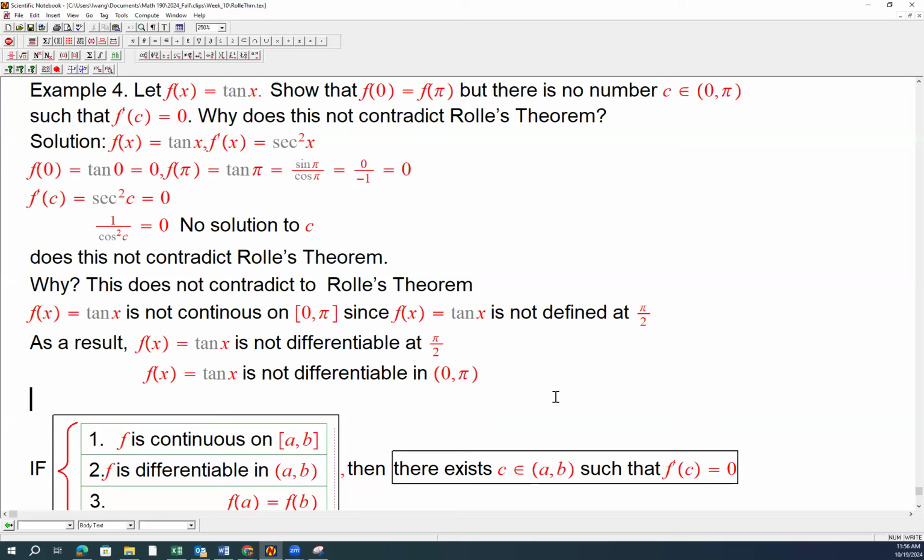So if not all the conditions of Rolle's theorem are satisfied, there's no guarantee of the conclusion. Therefore, this does not contradict Rolle's theorem.